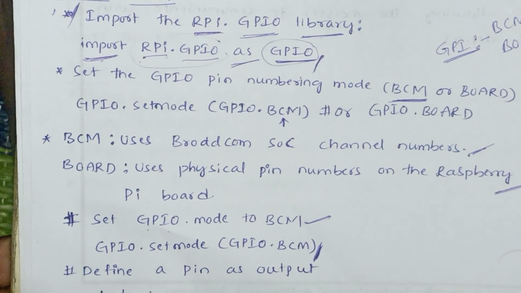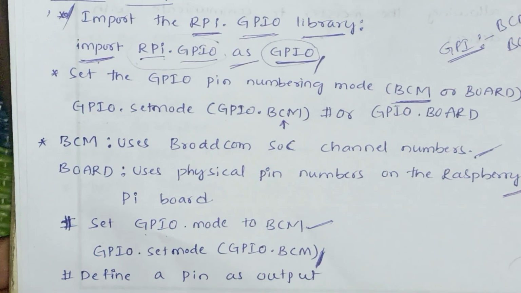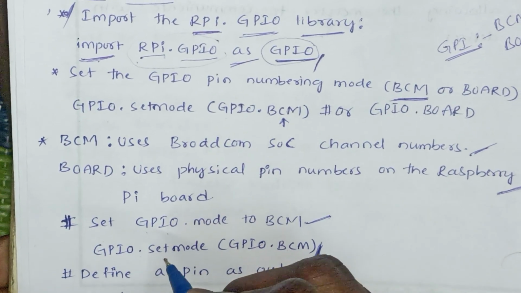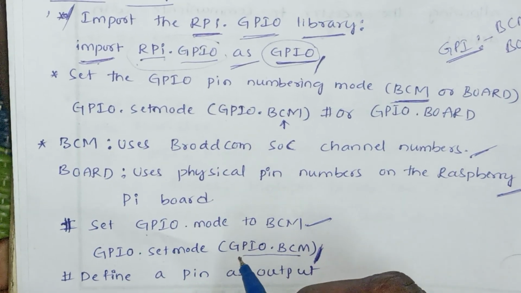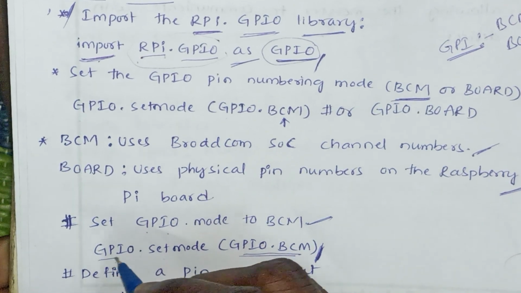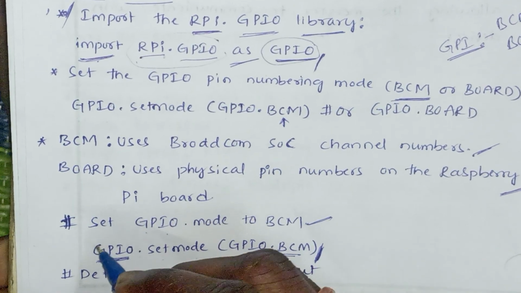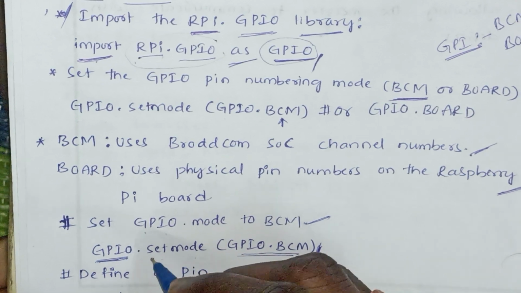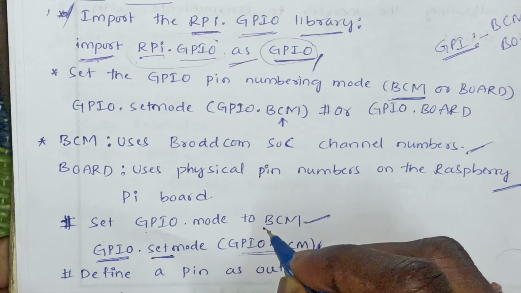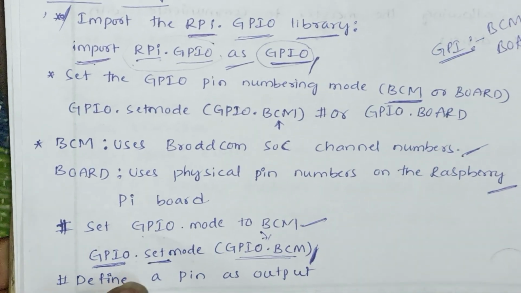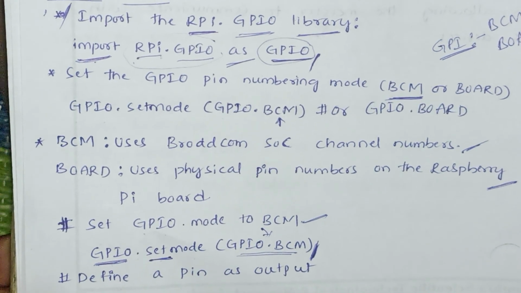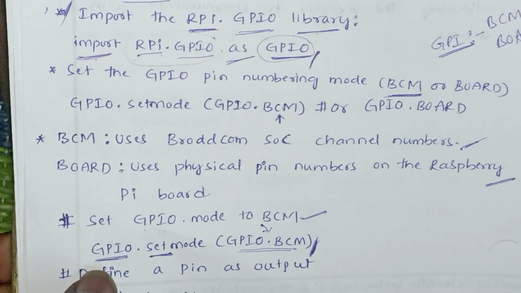Next, how can we set the mode? GPIO.setmode(GPIO.BCM). Whatever value is present in the GPIO, that value is set for GPIO.BCM. For GPIO.BCM we are setting that channel number.